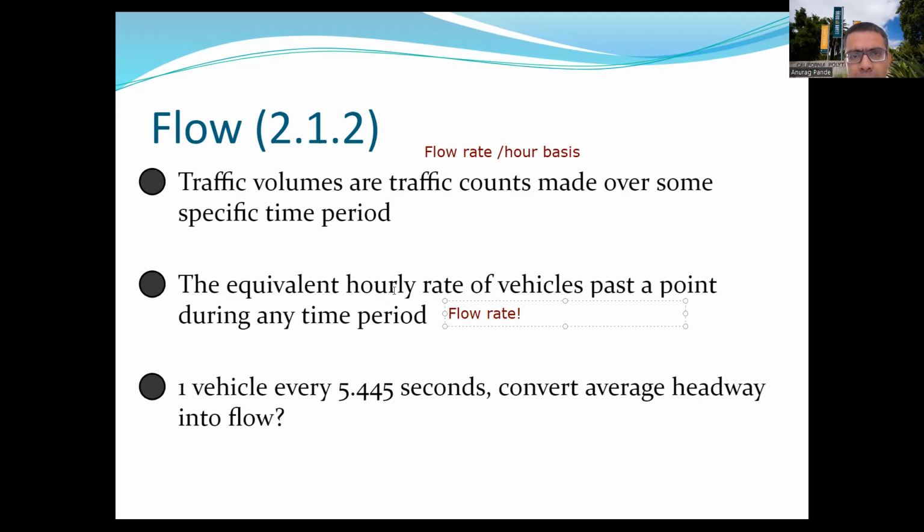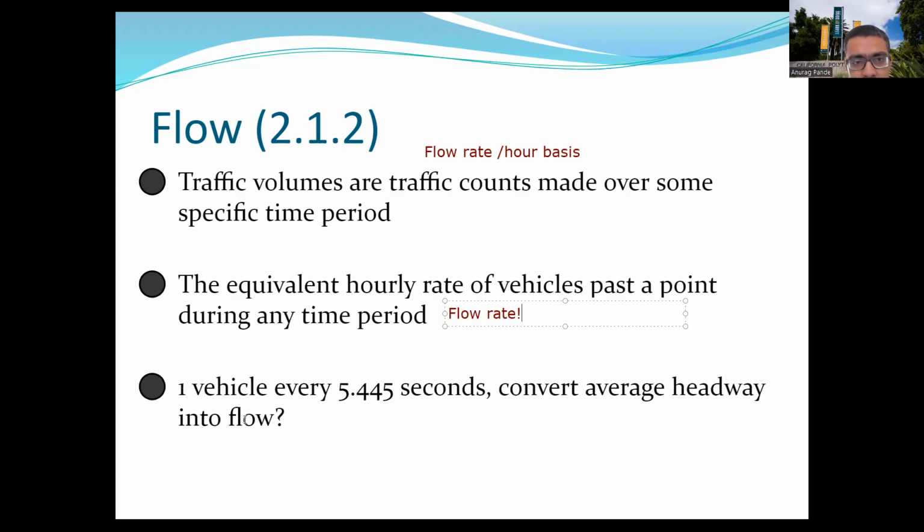Now, one thing about the headways that we just measured in the previous graph is that you can always convert headways into an hourly flow rate. If the gap between two consecutive vehicles is 5.445 seconds, how many vehicles are you going to observe?